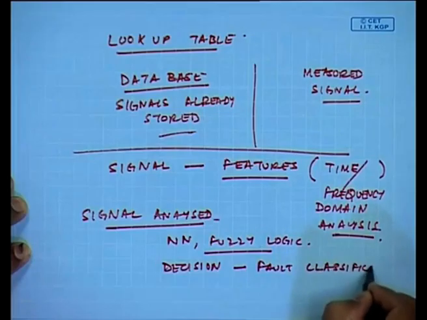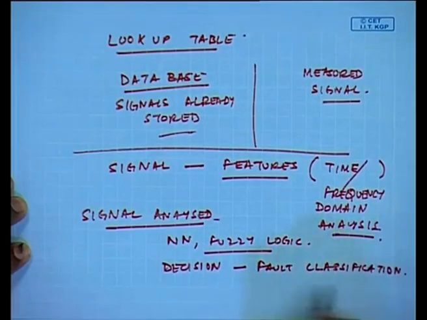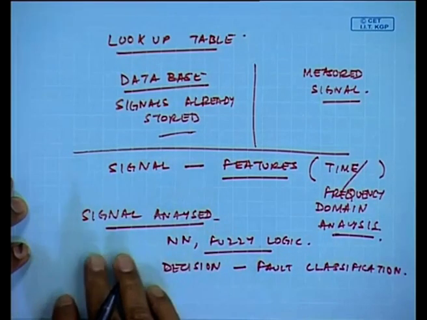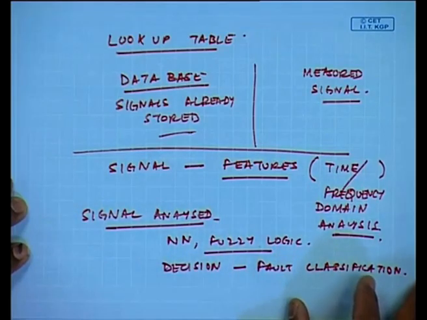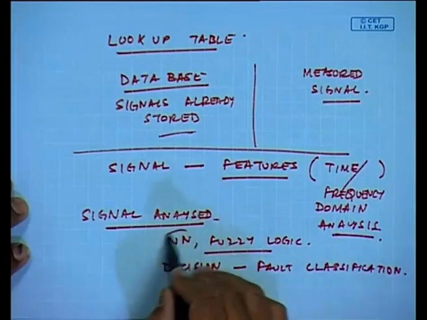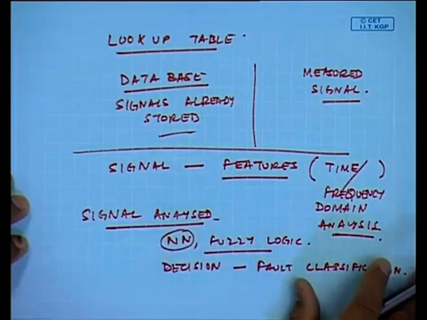By fault classification I mean whether faults are of different types, one severe, one normal, or one which we can live with. Such decisions can be made by neural network systems, and I will give you an example of how this kind of study can be done for different machines. We have a case study for a cutting tool monitoring situation, which I am going to tell.